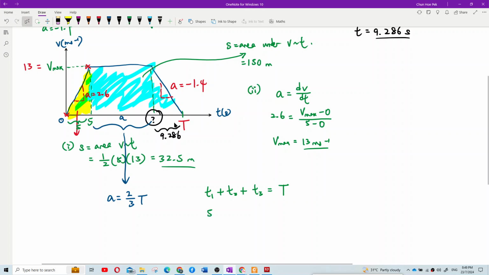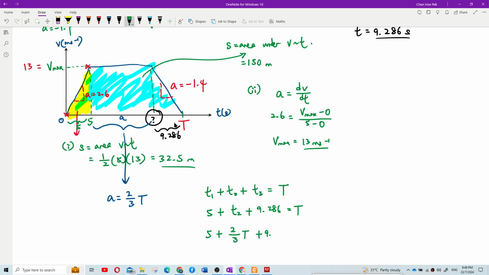So T1 is 5 second, and I want to find the T2 last. I need to find the T2 before I can find that time. So this is 9.286. Oh, I need the total time. I don't have the total time. But this time is 2/3. I got it is 2/3 of the total time, isn't it, class? This is the middle one. The middle one is 2/3 of the total time, isn't it?